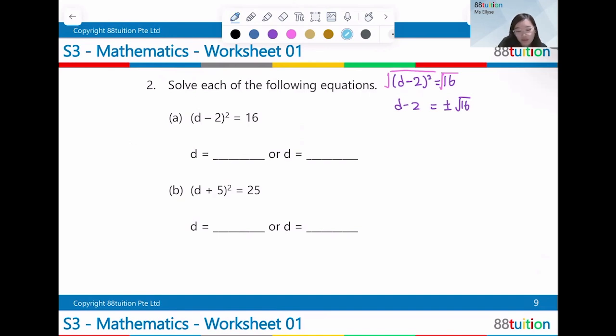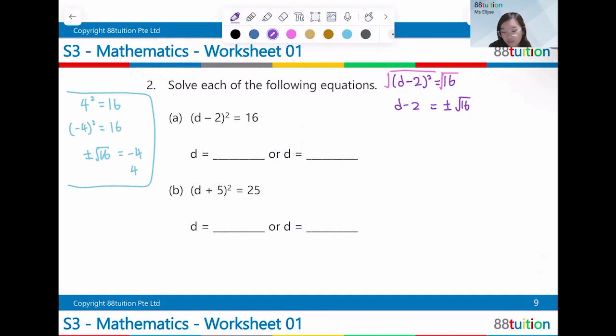Because 4 squared is 16. If I have a -4 squared, I will also get 16. So whenever we square root a number, it's best to write a plus minus, because we will have two different answers. One is -4 and one is 4. Yeah, that's the theory behind it.